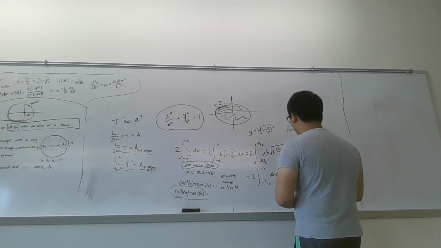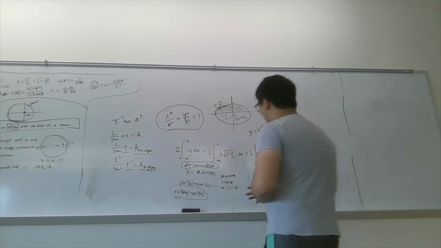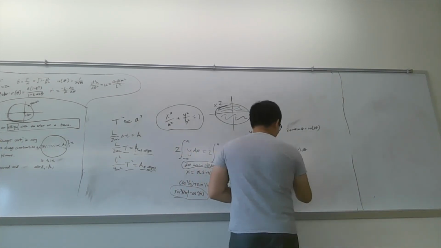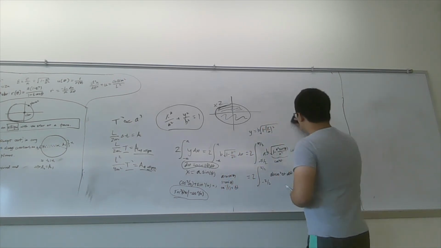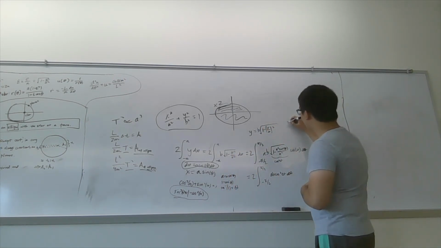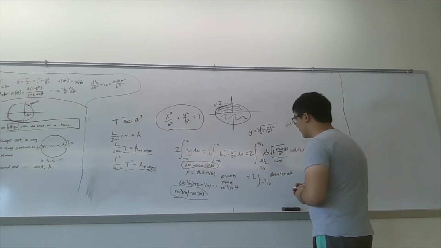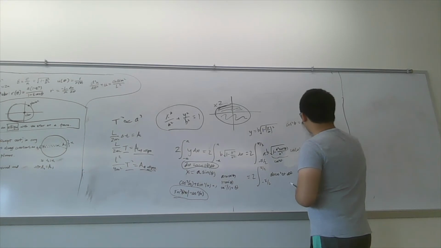Oh no, sorry, this will turn into cosine, not sine. So you get cosine squared. So now we're going to use this identity. Cosine squared equals sine squared minus cosine squared. Wait, is that right? It's cosine squared. No, oh my god, I can't.